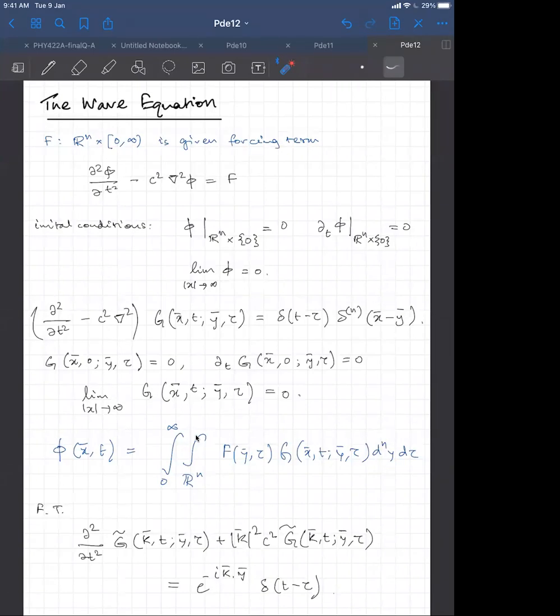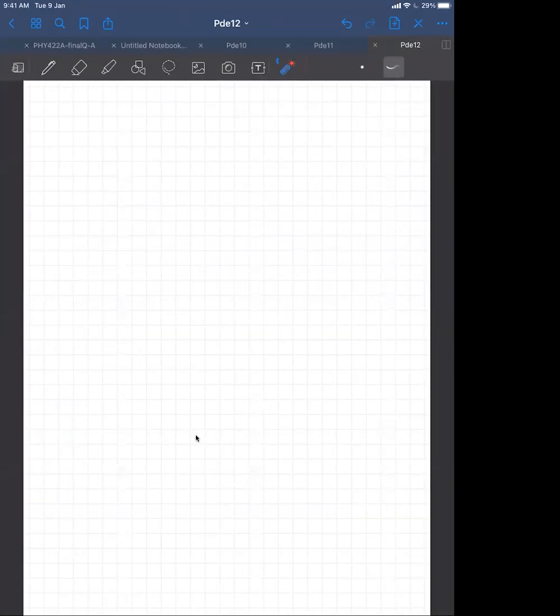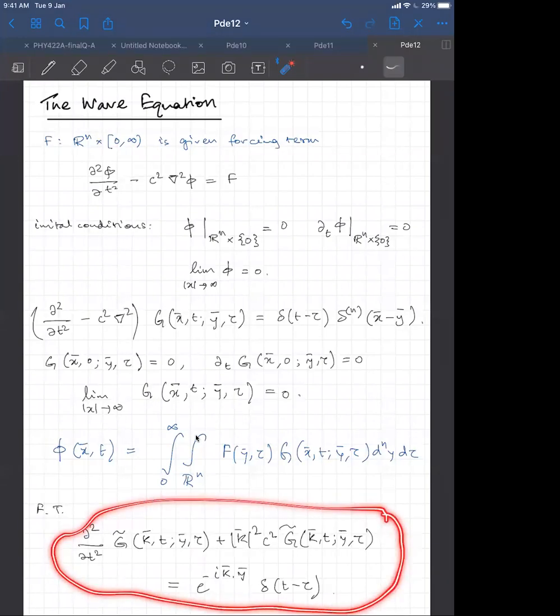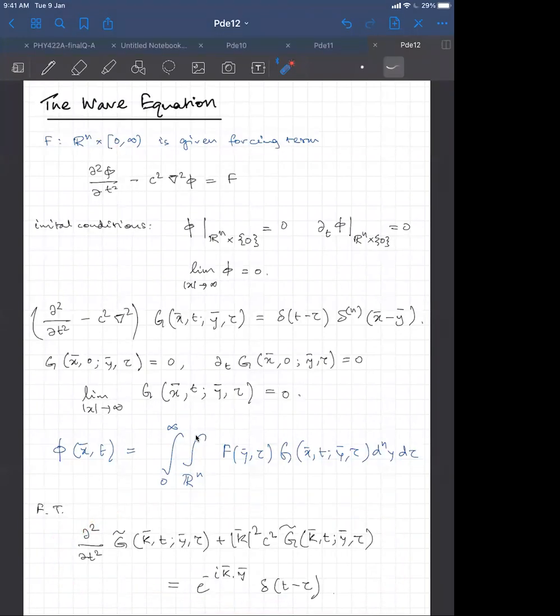We Fourier transform this, and this is the equation that we have after we have Fourier transformed the wave equation. Now treating k as a parameter, this essentially is the same as the initial value problem for the ODEs, and so we've solved this for the Green's function that we've just done.